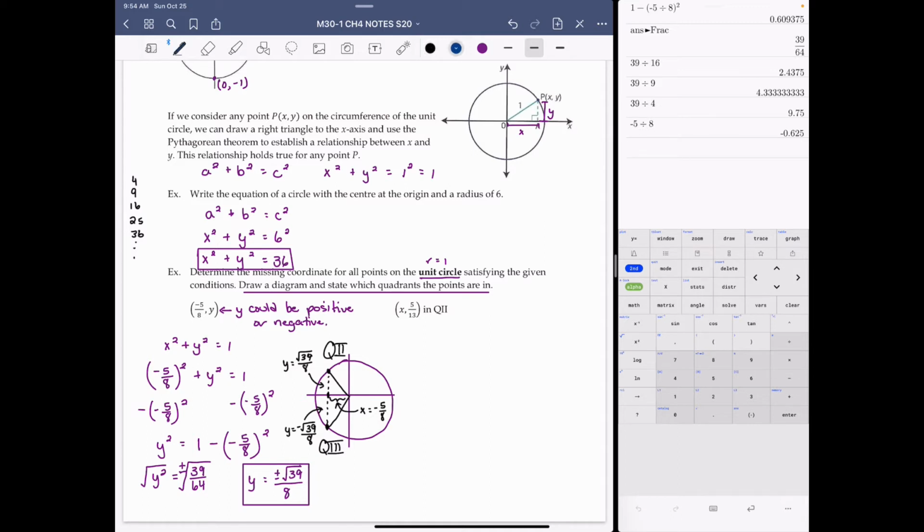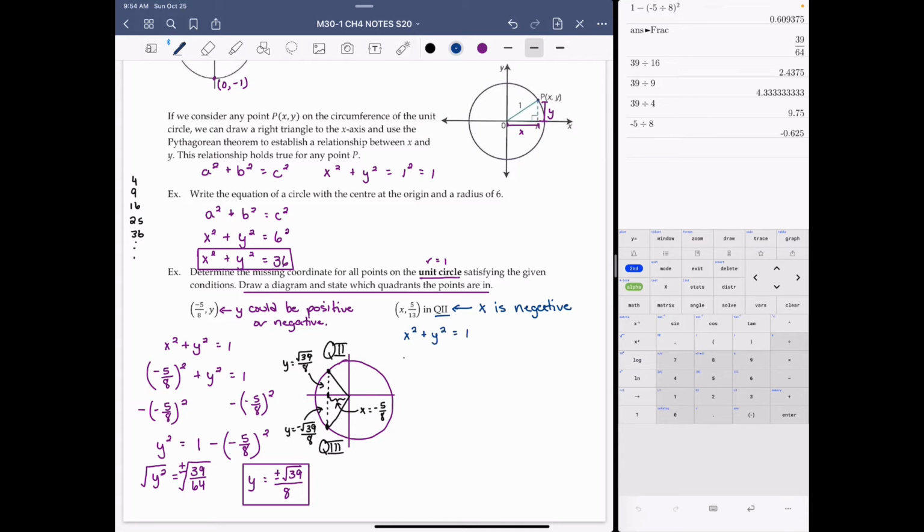Next one, we have an unknown x value and then a y value of 5 over 13. And this time it tells us that it's in quadrant 2. In quadrant 2, x is negative, so that tells us that x is negative. Start with the equation of the unit circle. X squared plus y squared equals 1.